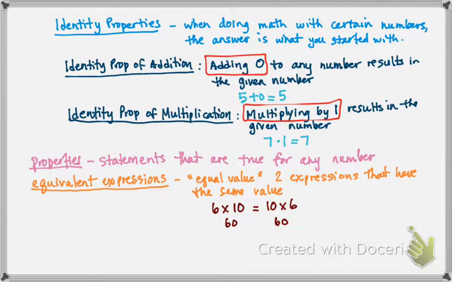So we call 6 times 10 and 10 times 6 equivalent expressions. They have the same value. In this particular example, they both equaled 60.